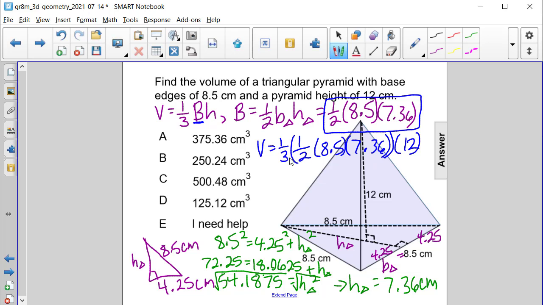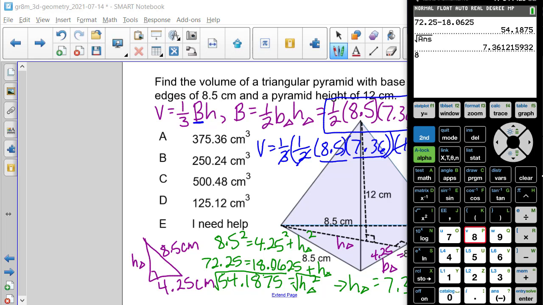Well, 3 goes into 12, so we can get rid of the 1/3, and it goes in 4 times. And we also have 1/2 and we have 4, so we can take 1/2 of 4 and get 2. So if we multiply 8.5 times 7 36/100 times 2, we will get the volume of this pyramid.